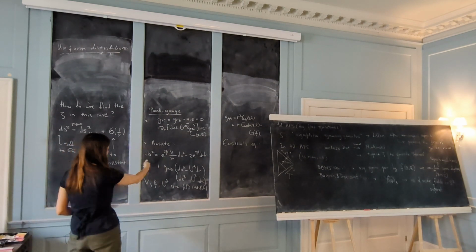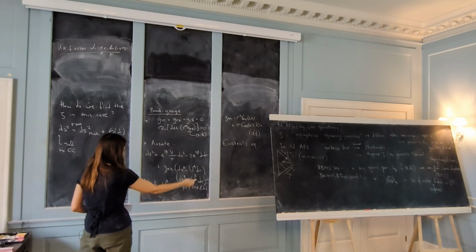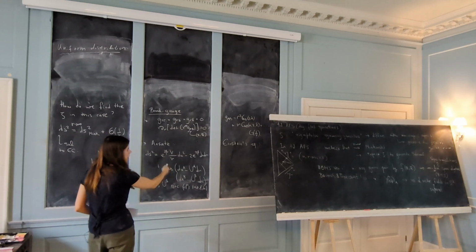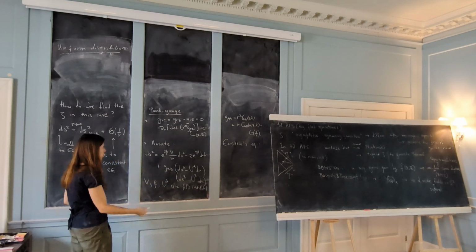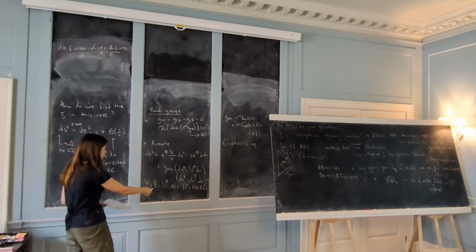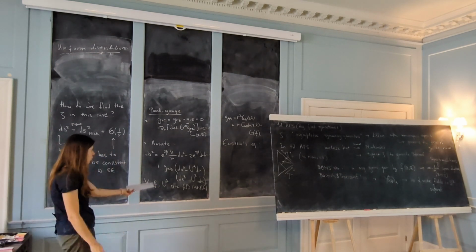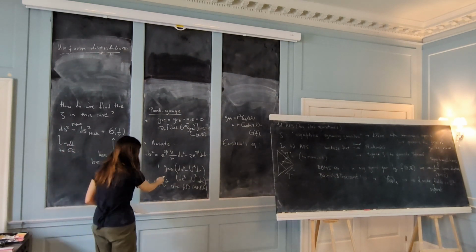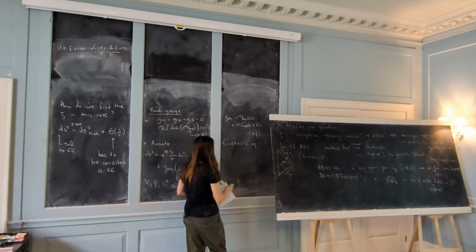Take this, put it into the Einstein equation, and expand order by order in 1 over r, and you're going to start getting constraints between these functions and this vector field on the sphere, or not on the sphere, this vector U^A.